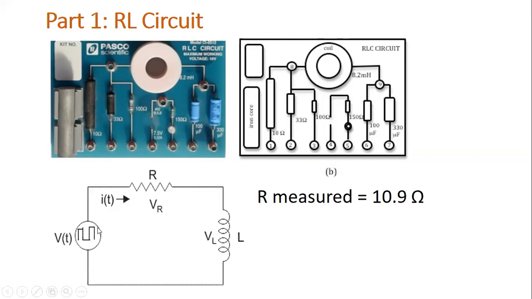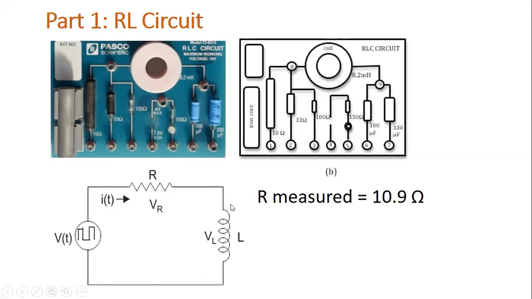Then we will be providing the circuit with a square wave input voltage. We need to connect a voltmeter to measure the voltage variation across the resistor, and also the voltage variation across the inductor.